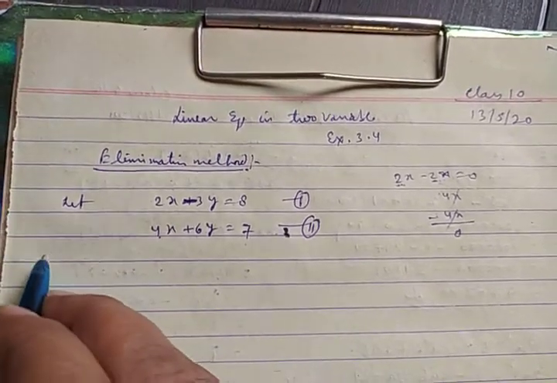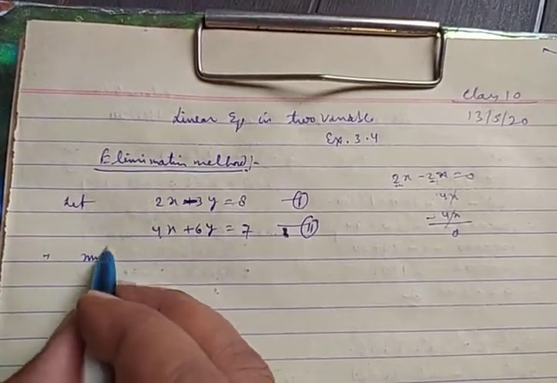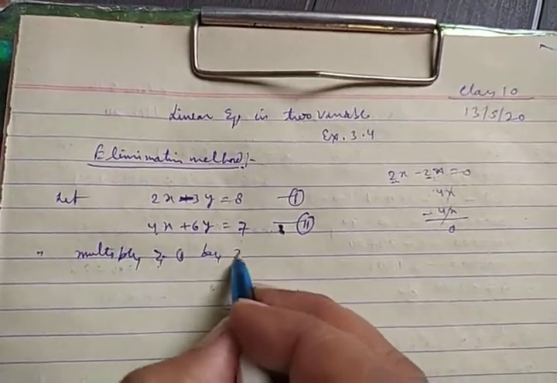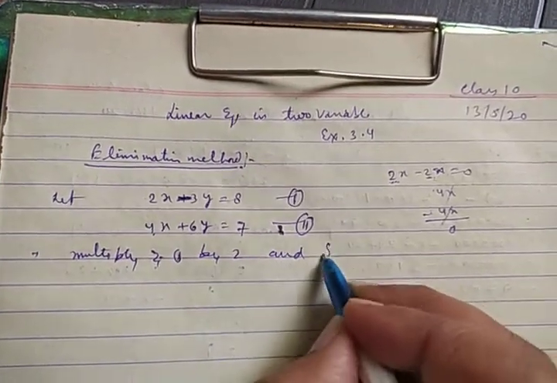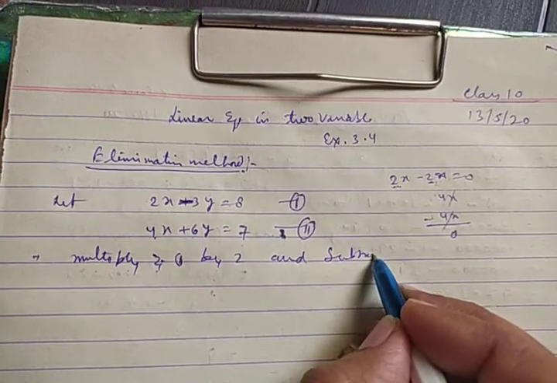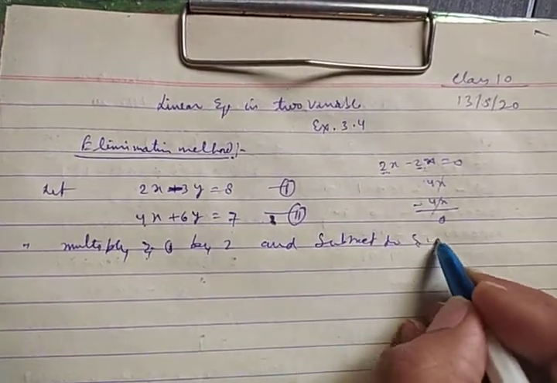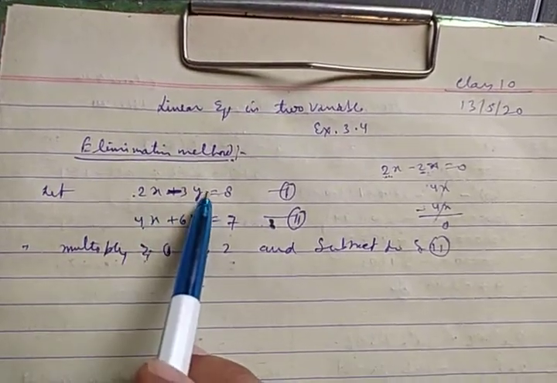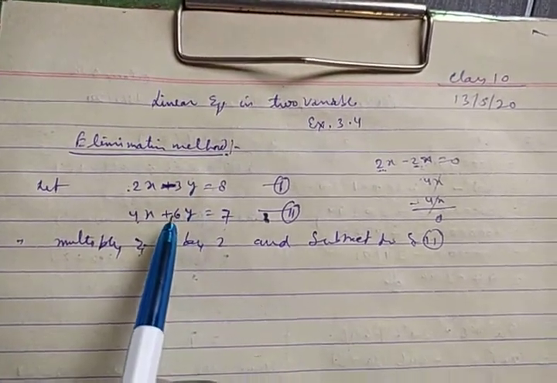Now you will insert the line: multiply equation 1 by 2 and subtract from equation 2, meaning this equation will be multiplied by 2 and subtracted from equation 2.